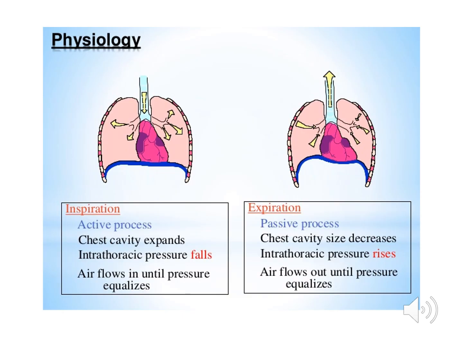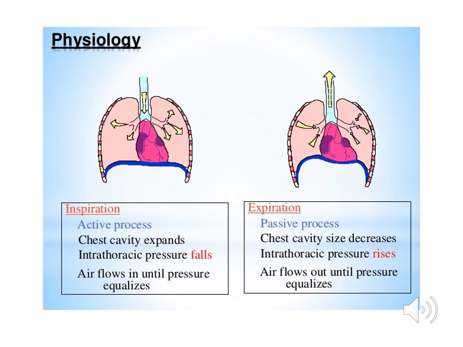And when your chest cavity gets bigger, the air pressure inside your chest cavity drops below atmospheric pressure. So the air is going to flow into the lungs. When you exhale, the size of your chest cavity gets smaller. Now the pressure inside the chest cavity is greater than atmospheric pressure. So now the air is going to move out into the atmosphere.